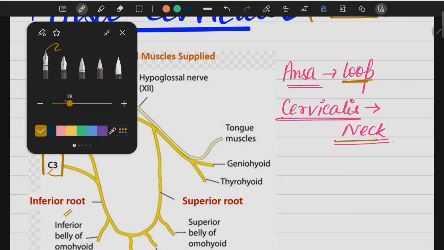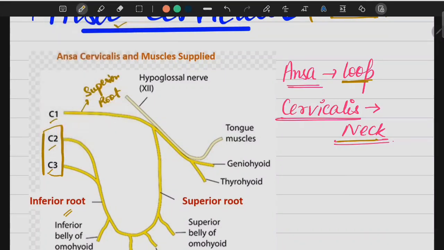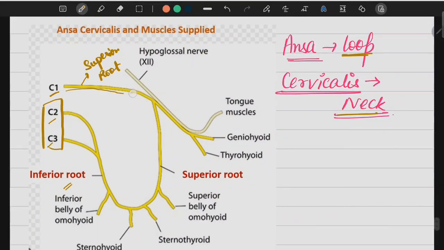Now what do you mean by superior root and inferior root? See here, C1 is giving rise to a root which is going like this, okay. It is going in the superior direction. When we talk about C2, C3, it is going in the inferior direction. Clear with this concept?